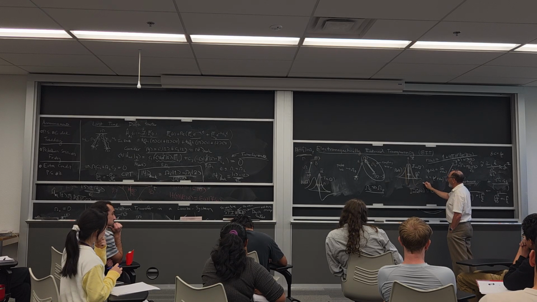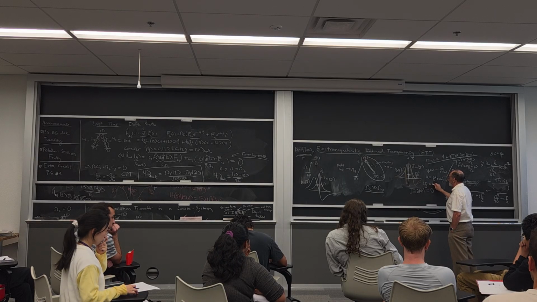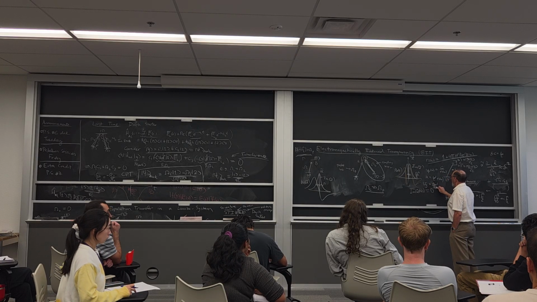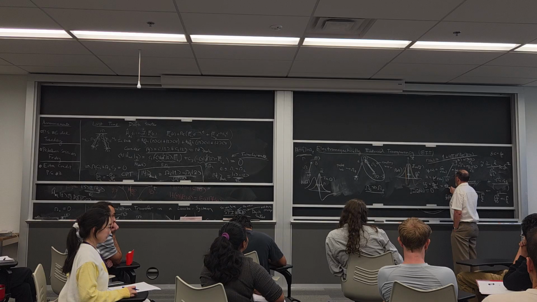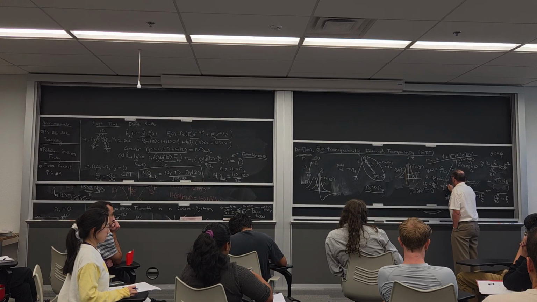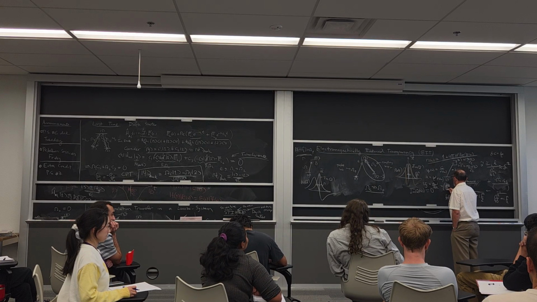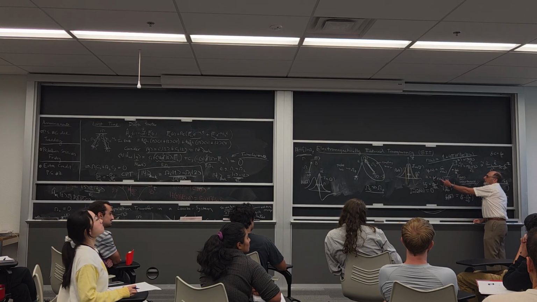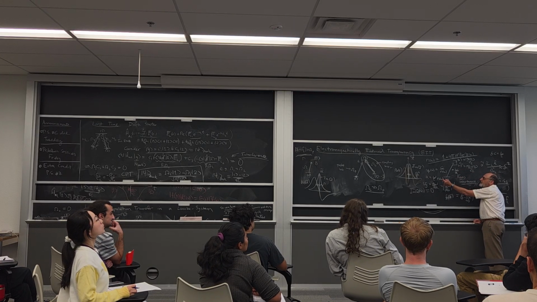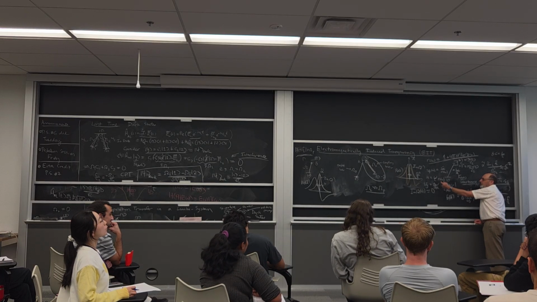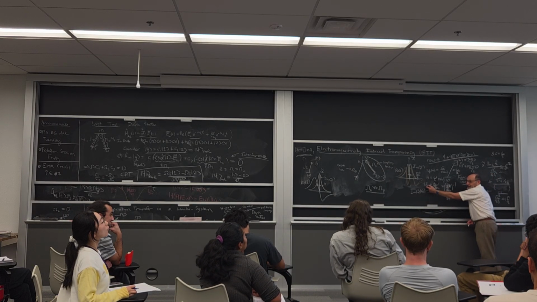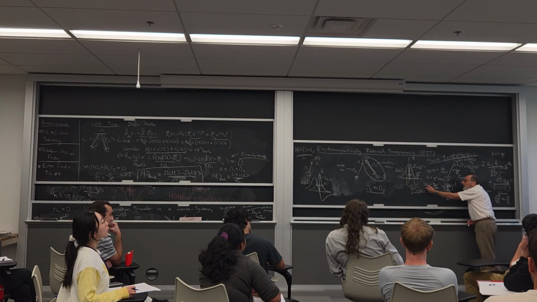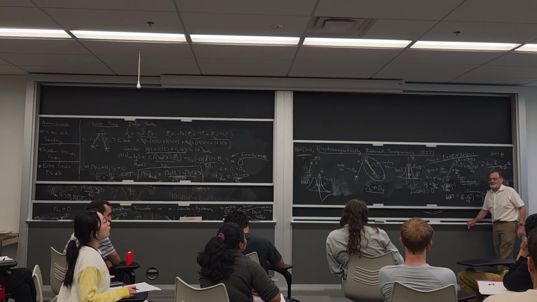But then we have the group velocity, which is d omega dk, which is 1 over dk d omega. So if the index of refraction is changing very rapidly with frequency, the group velocity is really, really, really small.